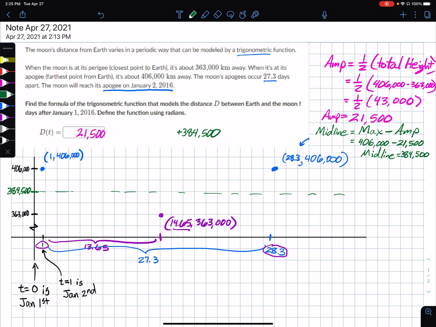Okay, now we need to start deciding, is this a sine or a cosine? So if you're at the top of your cycle here with that first anchor point we had, it has nowhere to go but down. It'll cross the midline, it'll bottom out, it'll cross back through the midline, and it'll top out again. So as you tidy this up and kind of sketch the situation, you can see this very much looks like a cosine curve.